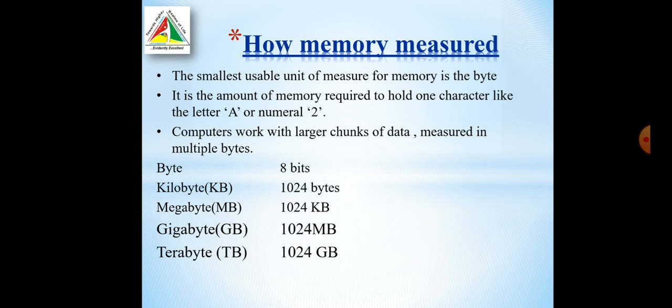Computers work with large chunks of data measured in multiple bytes. When 8 bits come together, it becomes 1 byte. And when we have 1024 bytes, then it becomes a kilobyte. Likewise, the measure increases to megabytes, gigabytes, terabytes, and so on.